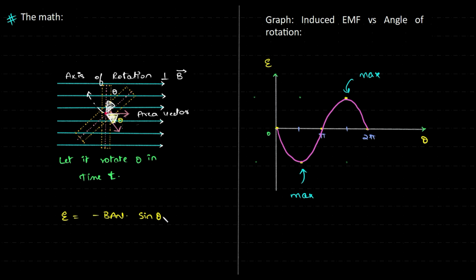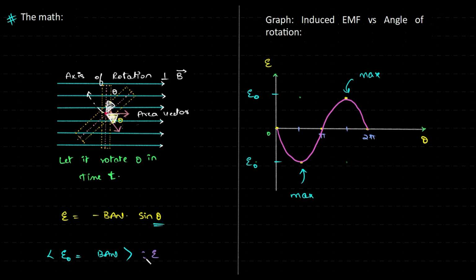So here, what are we looking at? We are varying theta. When theta is 0, it will be 0. When theta is 90 degrees, sine theta is maximum, but E will be negative BNA. So negative will be represented in the negative, right? So we can call it E naught, where E naught is BAN.